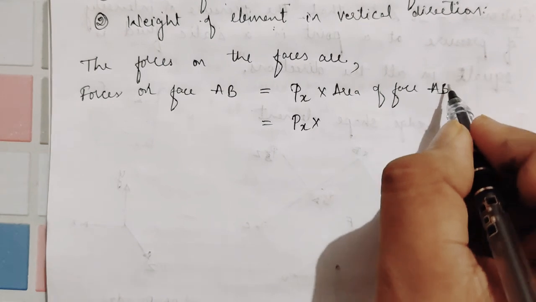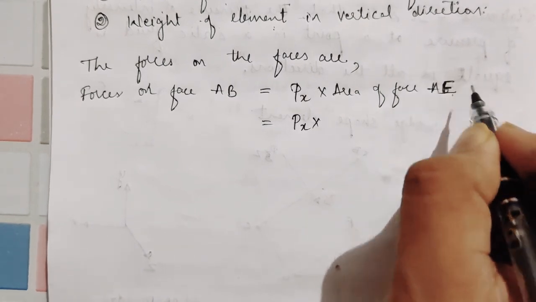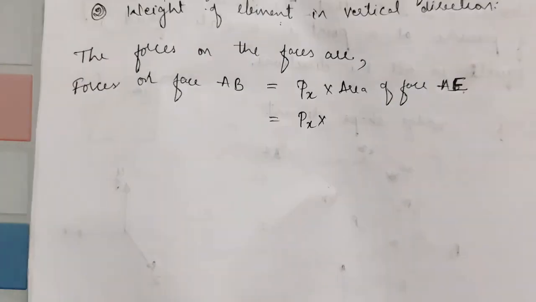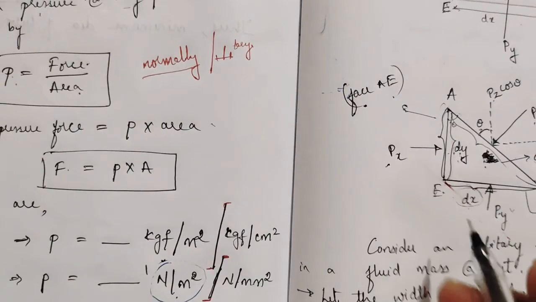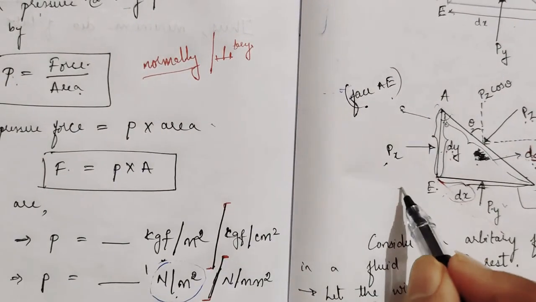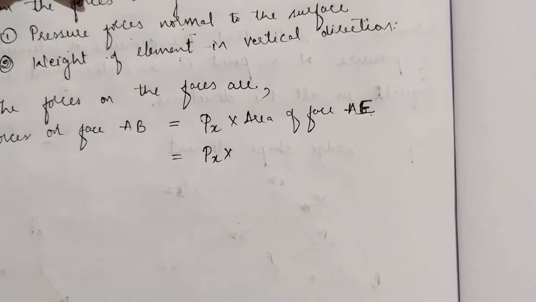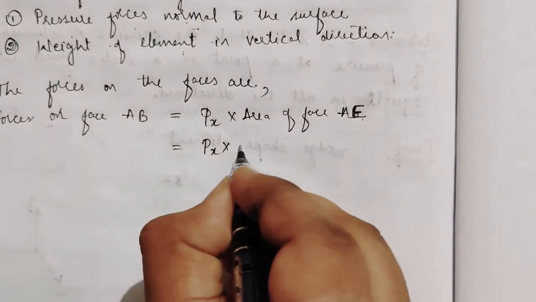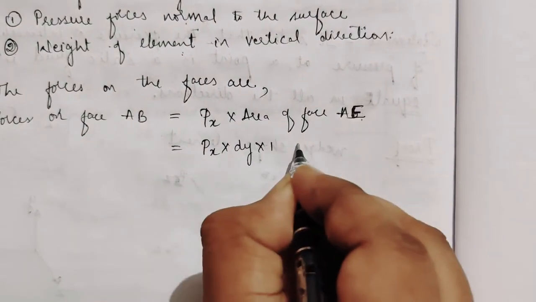What is that? Face AE is dy into 1. So Px into dy into 1.